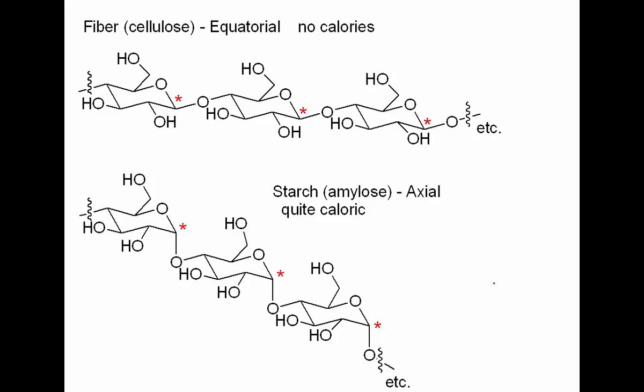Alright, so let's look at some other examples. So axial versus equatorial is very important in nutrition. Okay, the only difference between fiber or cellulose is the fact that we have an equatorial CO bond in fiber versus starch, which is caloric and digestible, and this has an axial CO bond.